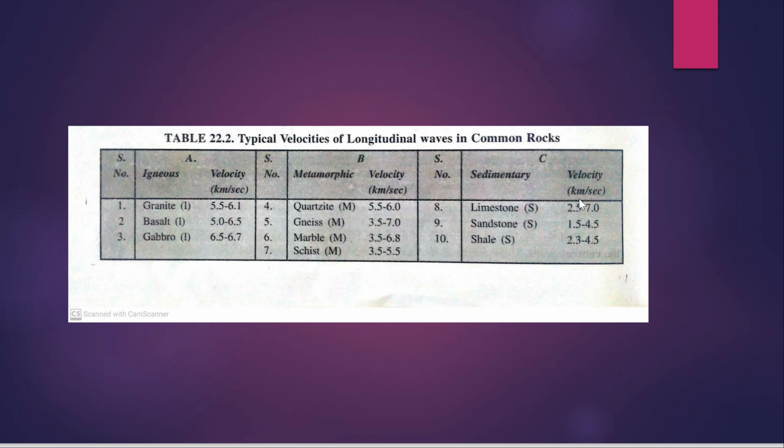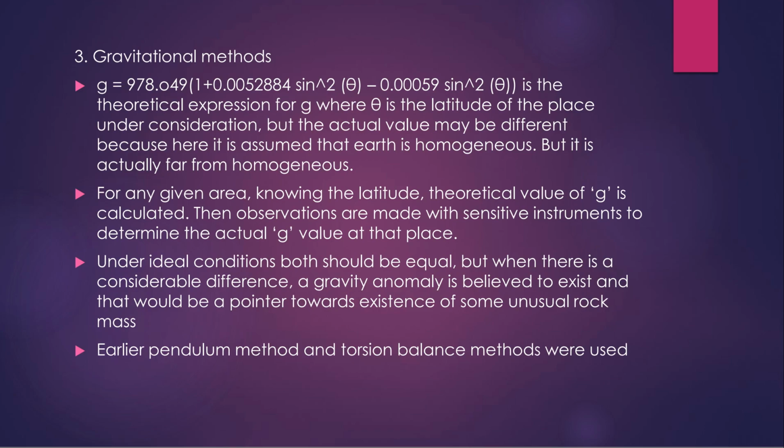The third method under indirect methods of subsurface investigation is the gravitational method. We have a theoretical formula for finding the G value. G is equal to 978.049 into (1 plus 0.0052884 sin² θ minus 0.00059 sin² 2θ).